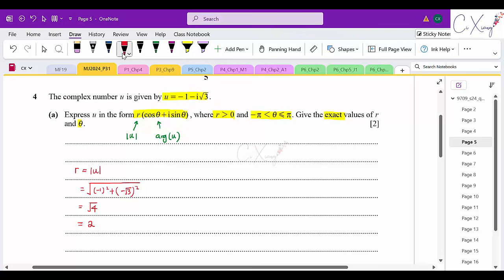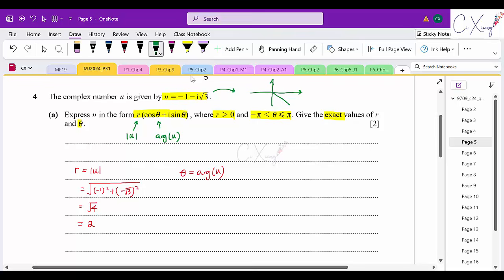Then how about theta? Like what I told you just now, it is the argument of the complex number u. To get the argument, we have to observe where the complex number is located. So this is basically in the fourth quadrant, -1 and -3.